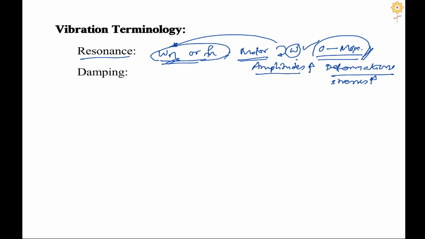Damping, so this has been explained earlier. It is the mechanism to dissipate the energy in the form of heat. Now, degrees of freedom, in short, DOF.